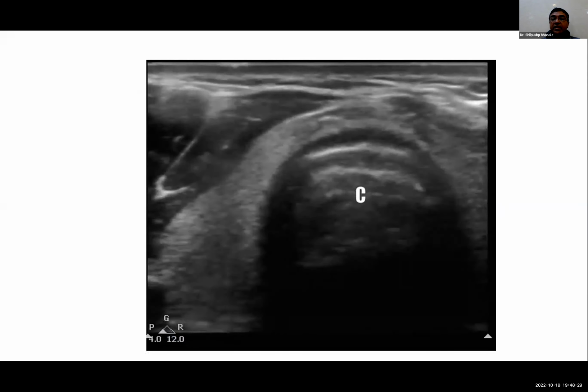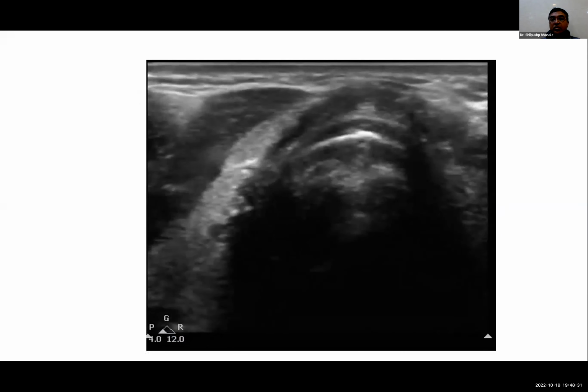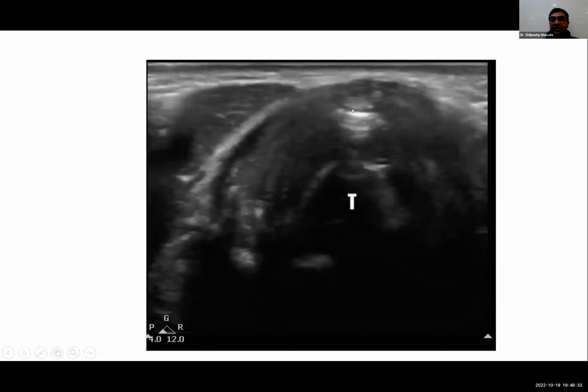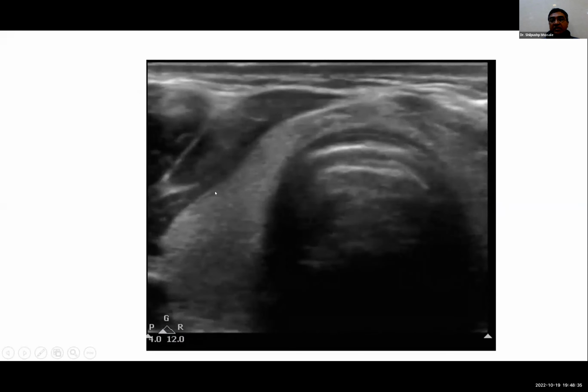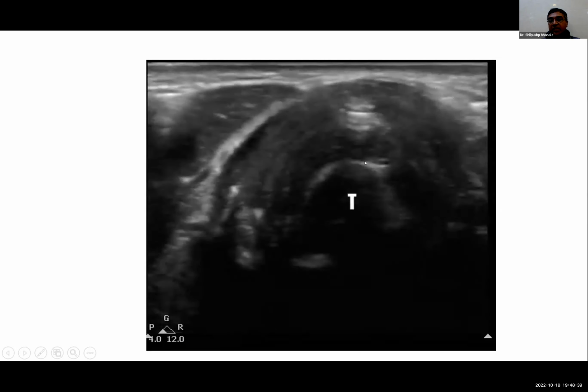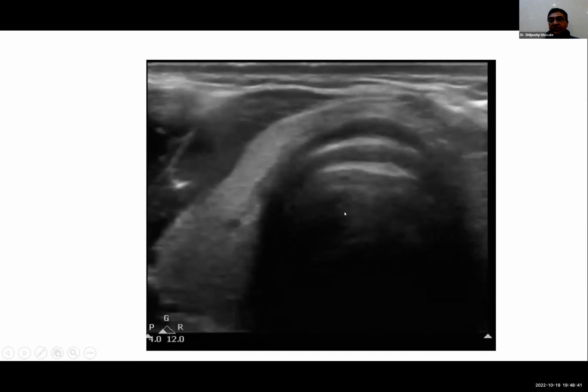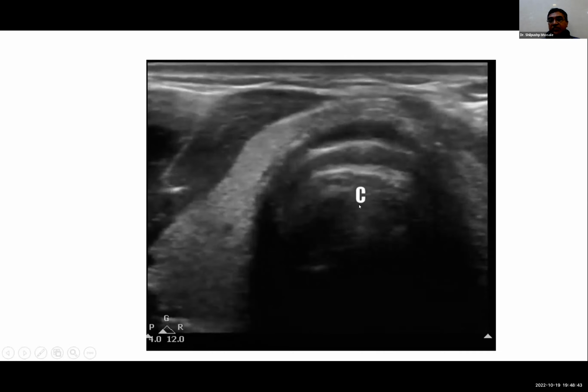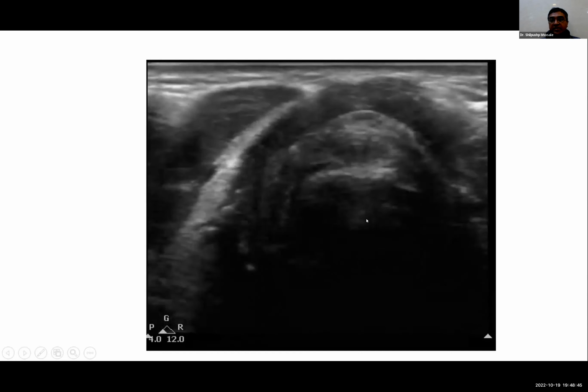So here you can see when you scan, you can identify the thyroid, you identify the cricoid, and of course you can go down and identify the tracheal rings. And this is what is described as the snowstorm appearance in normal ultrasound.